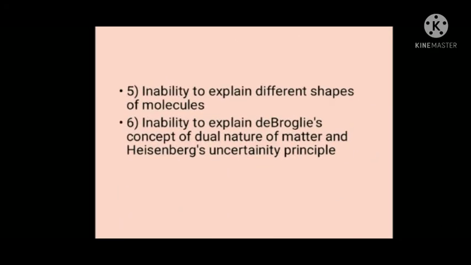Then the sixth point is that he was not able to explain de Broglie's concept of the dual nature of matter and Heisenberg's uncertainty principle. These things we will discuss later. So these are the limitations of Bohr's atomic model. I think it is clear for all of you.